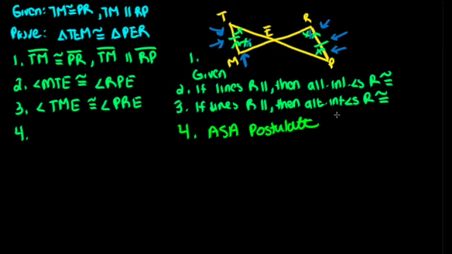Remember that the ASA postulate states that if two angles and the included side of one triangle are congruent to two angles and the included side of another triangle, then the triangles will be congruent. So we can finally say that triangle TEM is congruent to triangle PER. And this completes our proof.